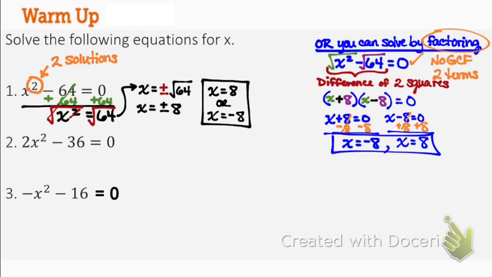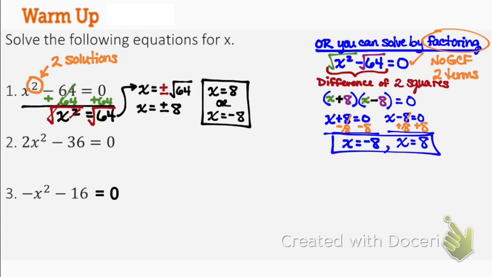On number 2, do you guys want to use the square root method, like the first way we did number 1? Or do you want to do it by factoring, the second way? Number 2, we can either use this method to solve it, or we can use this method. Which one do you guys want to do?